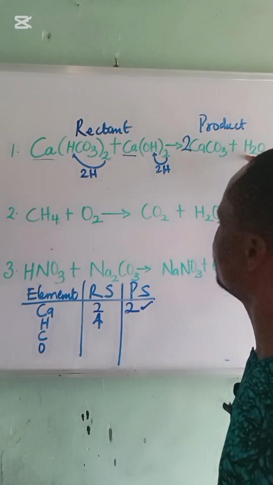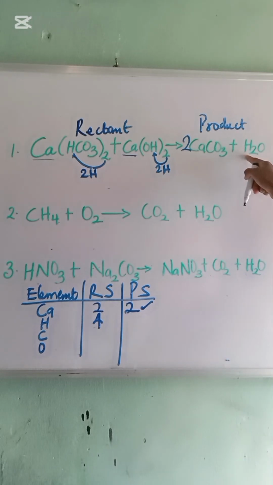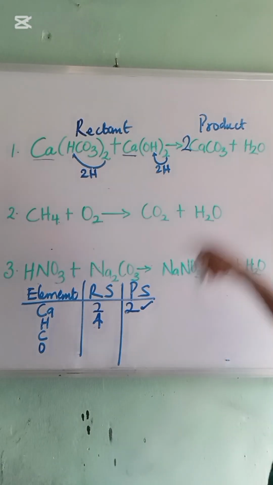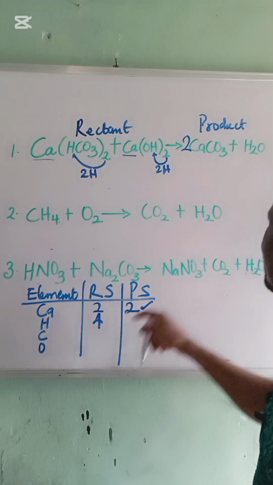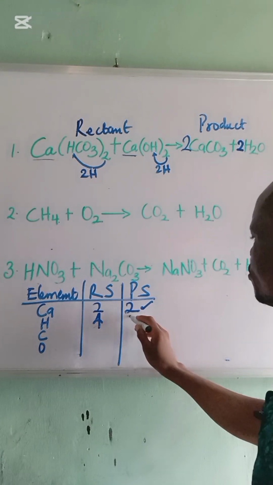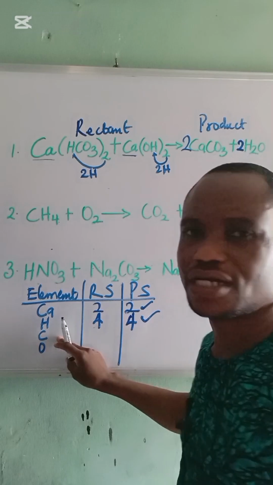So how many hydrogen do we have there? We have only 2 hydrogen. So for us to balance the number of hydrogen to be 4, we add 2 to it, making 4. So we write 2 here. So 2 times 2 is 4. So this is equal to 4. This is also balanced.